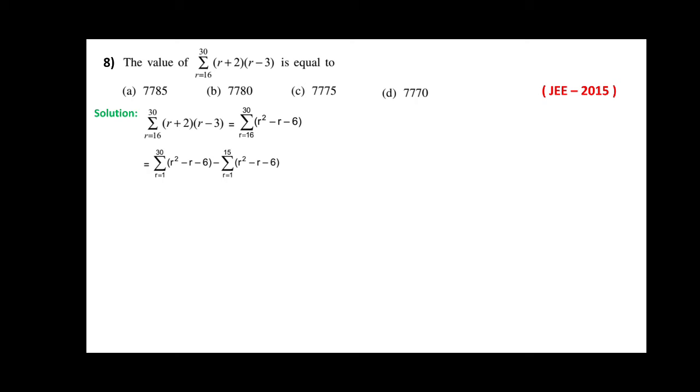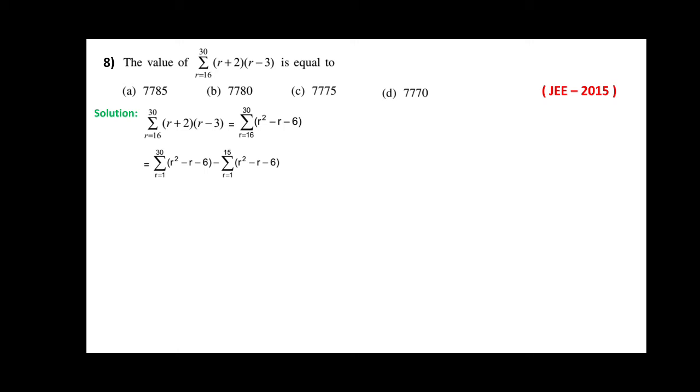There we studied the sum of squares of the first n natural numbers and the sum of the first n natural numbers. So, the formula for the summation of squares is n into n plus 1 into 2n plus 1 divided by 6. Similarly, the summation of first n natural numbers is n into n plus 1 divided by 2. I am not writing all those formulas here, we can just apply the summation separately.